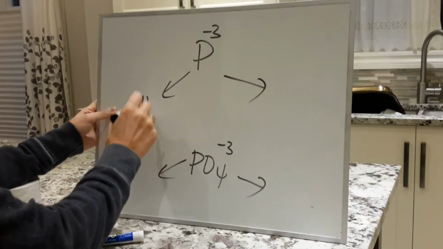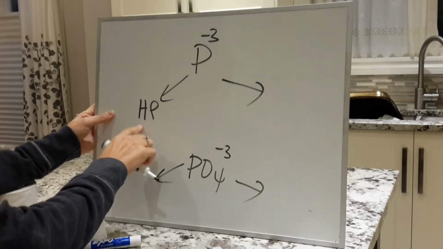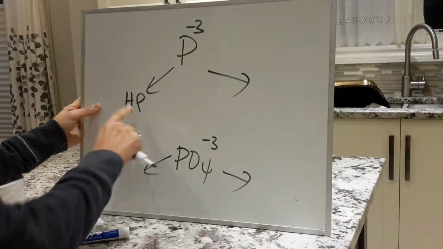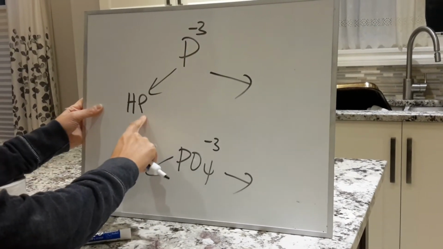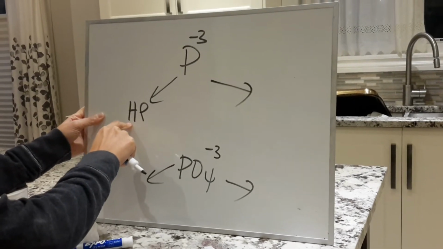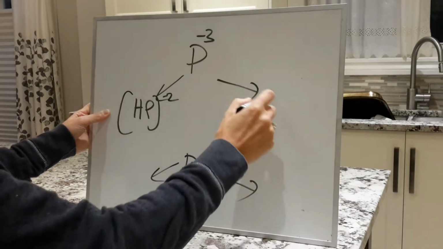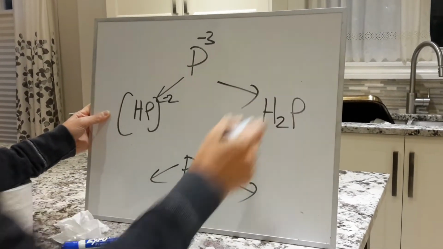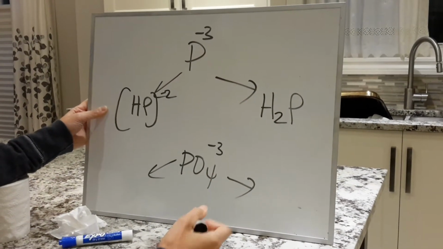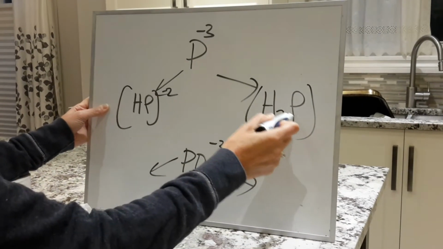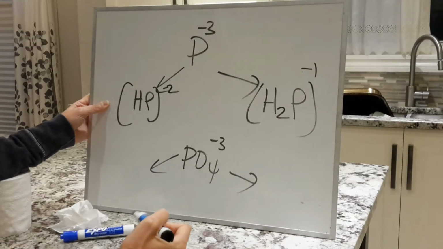If I use phosphate and give it one hydrogen, what would the charge on this polyatomic be? Well, remember phosphate is normally -3. Drop the charge by 1 with every one hydrogen, so this would be -2. If I gave it two hydrogens, then this would also carry a charge. What would the charge on this ion be? -3, drop it by 2, overall -1.